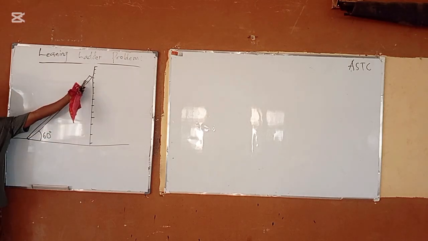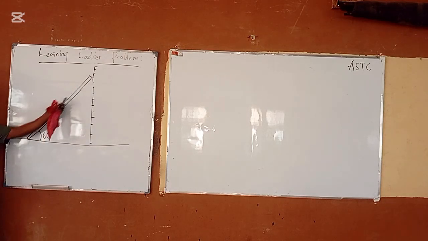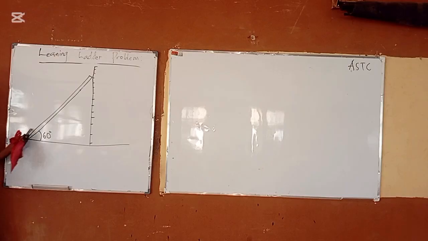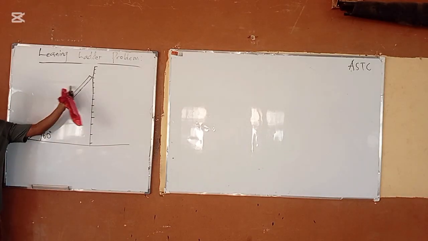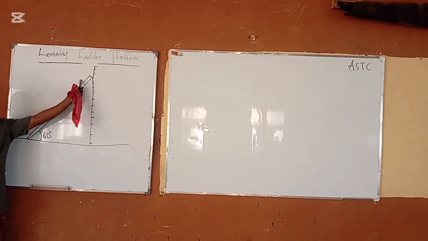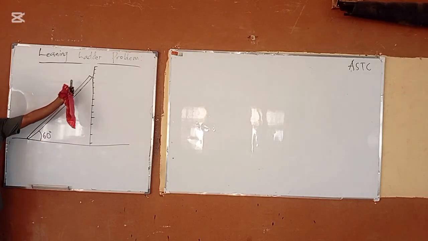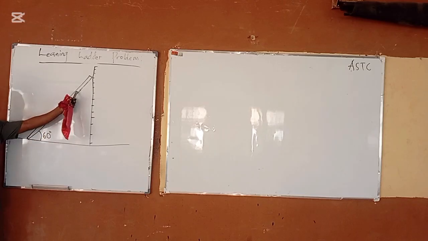So 60 degrees. What is the mass of this ladder? 100 kg. That means because of the mass, as a physics student, I'll just try and locate the center for my weight. The mass of anything causes it to have a weight directed towards the center, downwards.